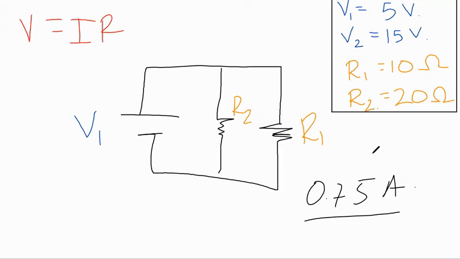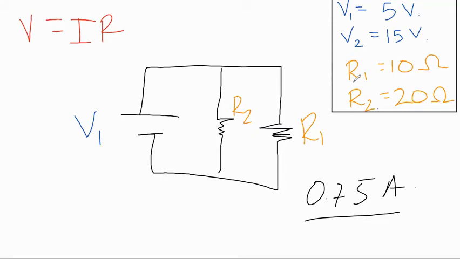So according to Kirchhoff's second law, the total potential difference, which is going to be the voltage of whatever battery you're using, is going to be the same as the sum of all the voltage drops that exist.